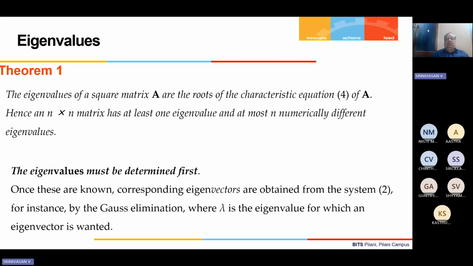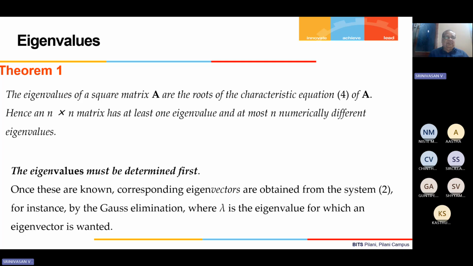You know very well, when you solve a quadratic equation in a variable x of the form ax square plus bx plus c equal to 0, the solutions are given by x equal to minus b plus or minus square root of b square minus 4ac, whole divided by 2a, where a and b are the coefficients of x square and x, and c is the constant. You have plus or minus, so you have two values of x.